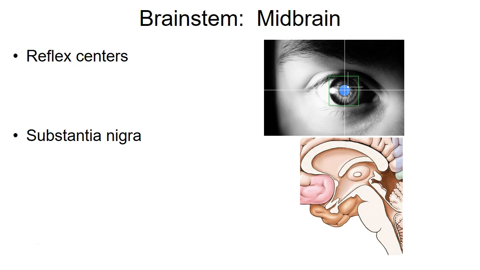All right. So the midbrain is where we have a lot of our visual reflexes, auditory reflexes, a lot of times being able to track something, right, is going to be found here in the midbrain. Another structure that's going to be part of the midbrain is the substantia nigra. Right, substantia nigra is the area affected in individuals with Parkinson's disease.